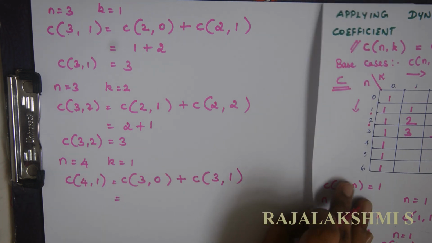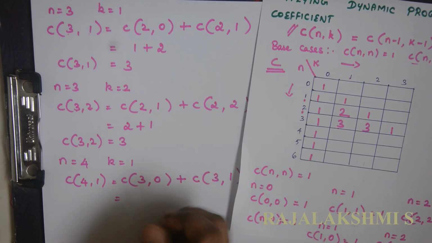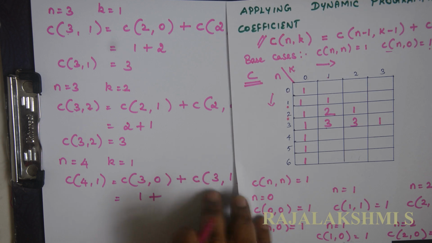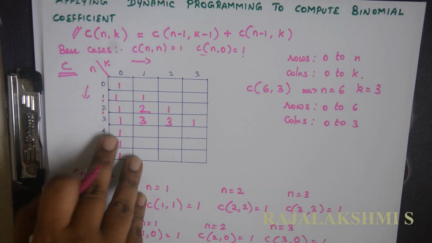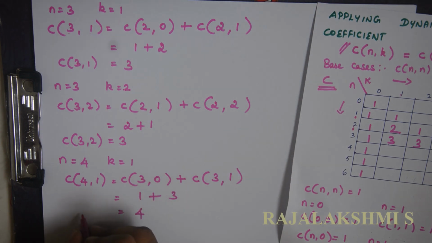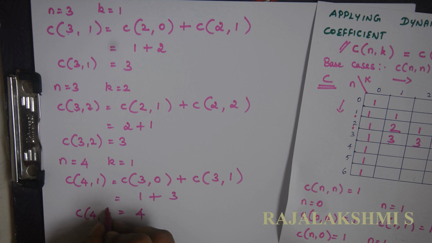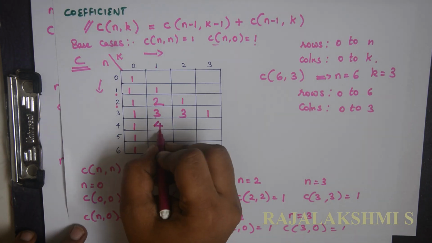So C of 3 comma 0. So what is C of 3 comma 0? It is 1, plus C of 3 comma 1. So C of 3 comma 1, which is 3. So it will be equivalent to 4. So C of 4 comma 1 is equal to 4.